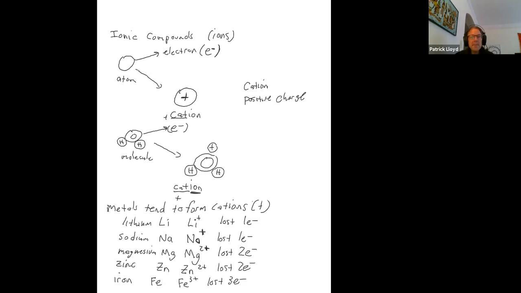Okay, so metals tend to lose electrons. So where are the metals in the periodic table? They're in the first 2 columns. So lithium, sodium, potassium, rubidium, cesium.